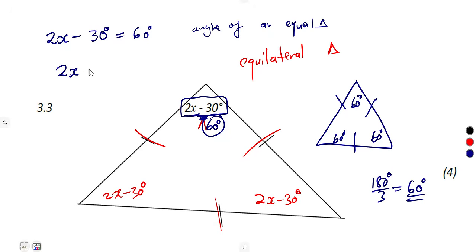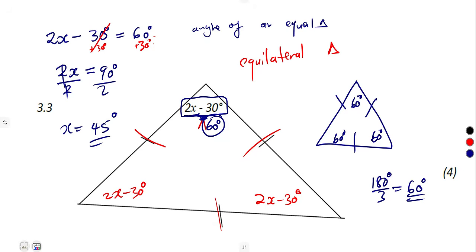So from there we can solve for x. So 2x must be equal to, remember there is minus 30 there, so add 30 degrees both sides. That was going to be 90 degrees, all right? So we've got 2x equal to 90 degrees, divided by 2 by 2. So our x is going to be 45 degrees if we divide that properly.